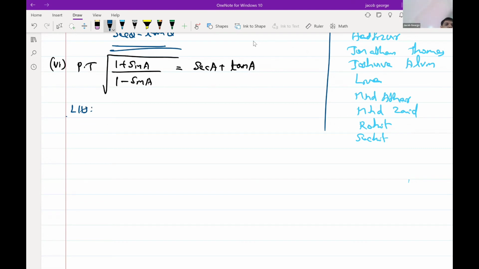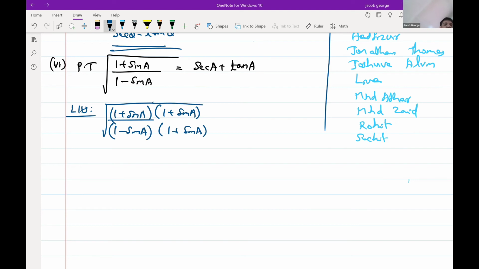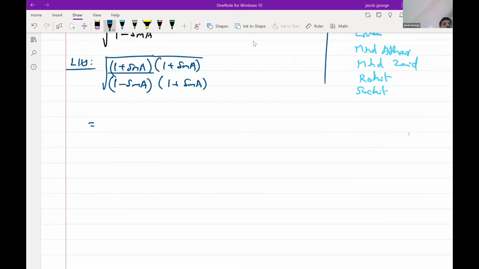LHS is root of 1 plus sin A upon 1 minus sin A. Multiply numerator and denominator by 1 plus sin A. Then this becomes 1 plus sin A the whole square upon 1 minus sin square A.